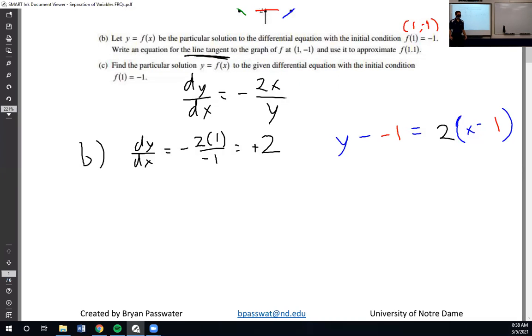As I was saying, positive 2 for dy dx. So y minus negative 1 is going to be y plus 1 equals our slope of 2 times x minus 1.